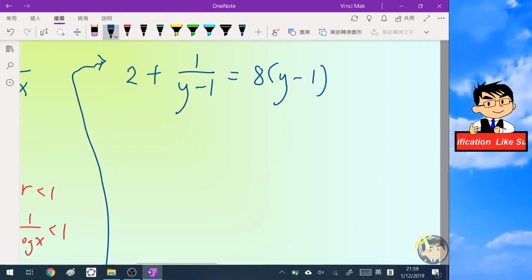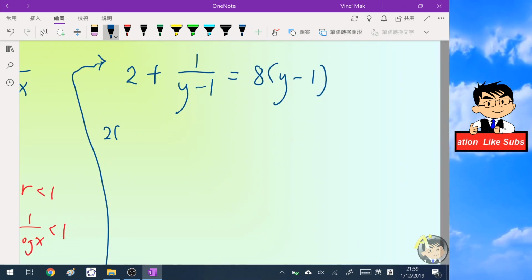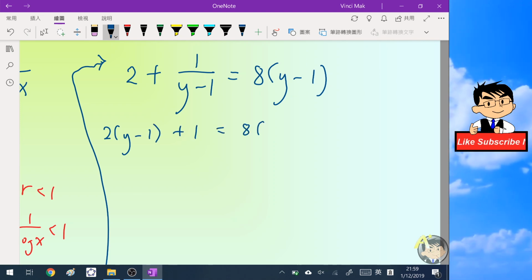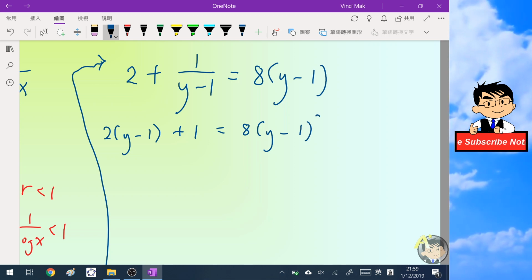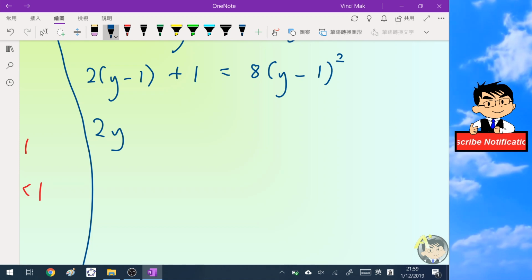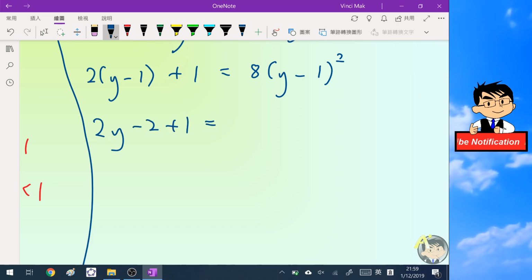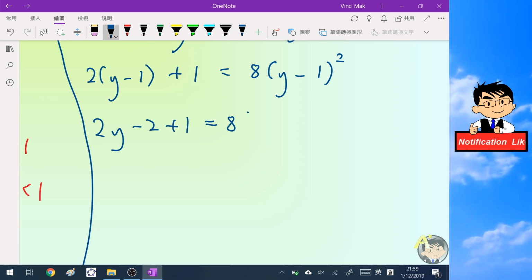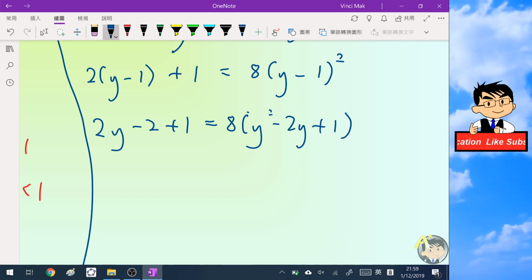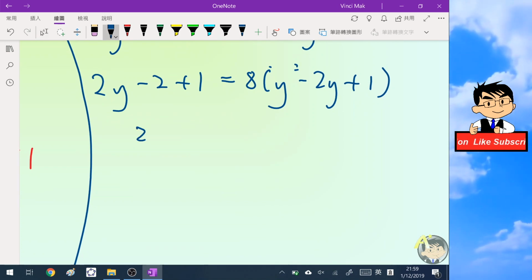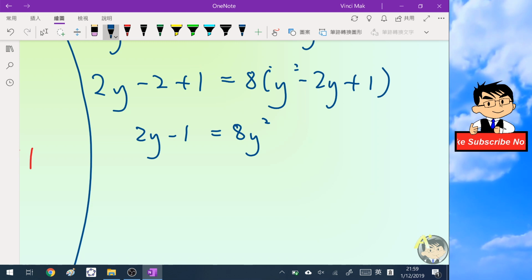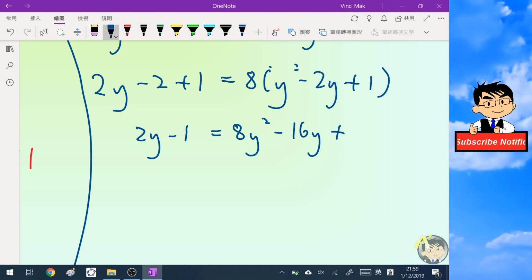So now we multiply both sides by y minus 1, and the left hand side becomes like this, and then the right hand side becomes x times y minus 1 whole square. And then we'll expand and simplify each term. Left hand side like this, and then the right hand side will become y squared minus 2y plus 1. So now the left hand side is 2y minus 1 equals xy squared minus 16y plus 8.